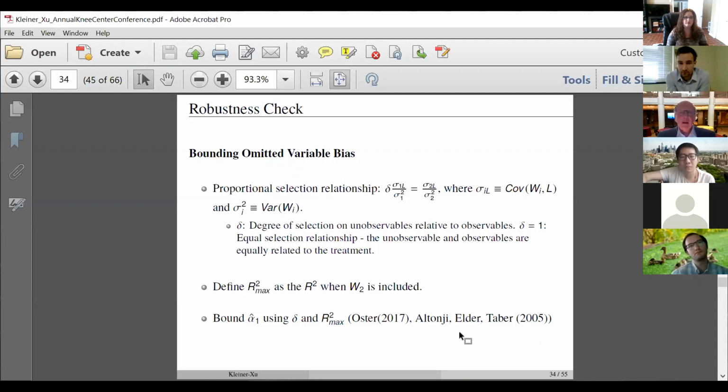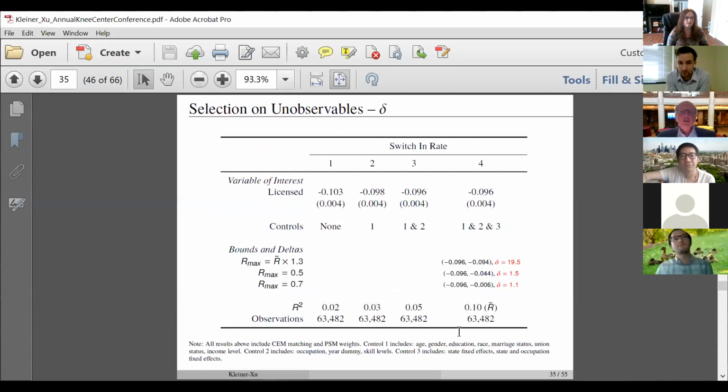So when we look at, for example, our switching in rates with no covariates, as we add covariates, this is what happens. And these are the bounds for how large the unobservables would have to be.